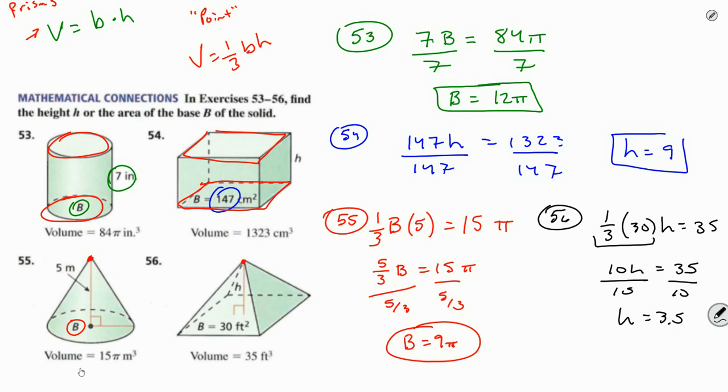All of these should probably be labeled. So this one should be inches. This one should be centimeters. Actually, base should be inches squared. Height is just a straight measurement. This should be meters squared. And this one should be feet.